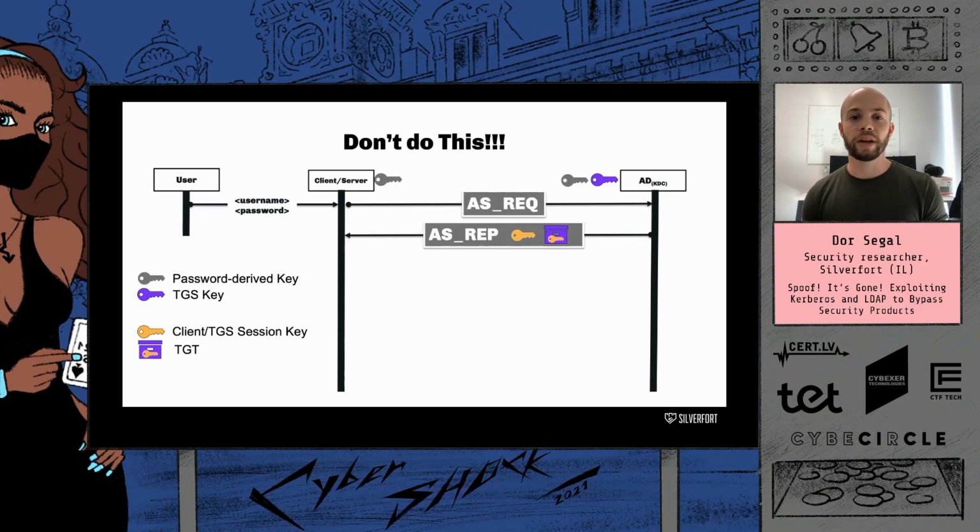Because if we could stand between the server and the domain controller and act as a man in the middle, we can fake the ticket granting ticket replied back to the server.